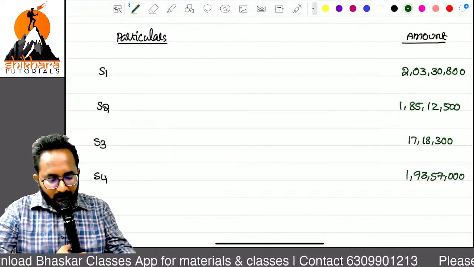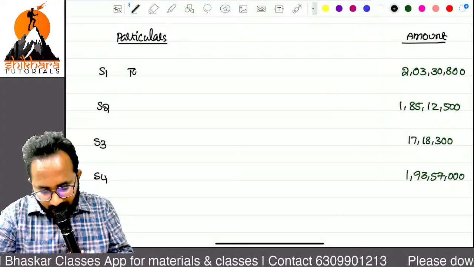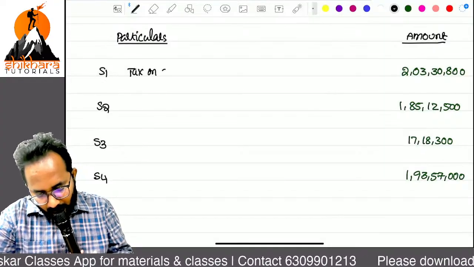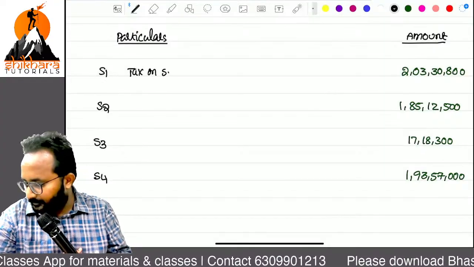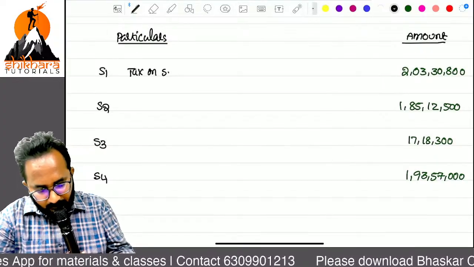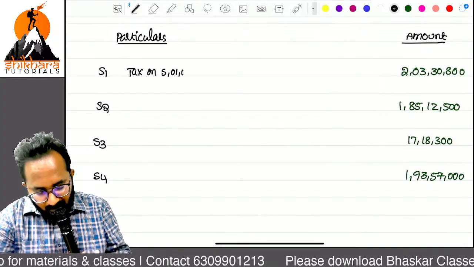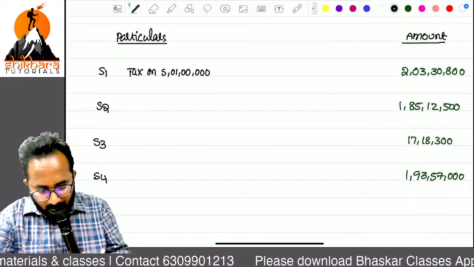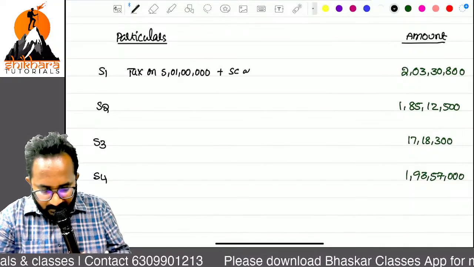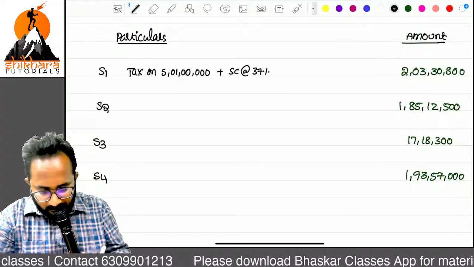What is step 1, ma? Tax on 5 crore 1 lakh plus surcharge at the rate of what, ma? 37%.